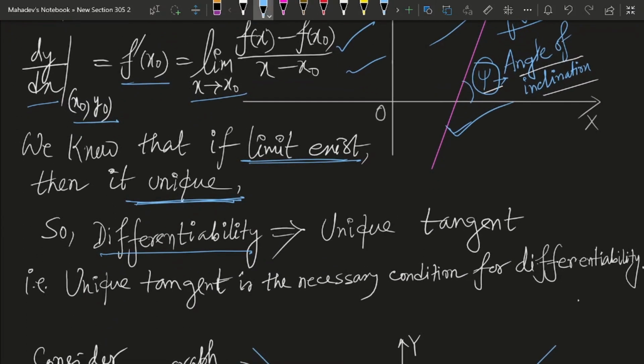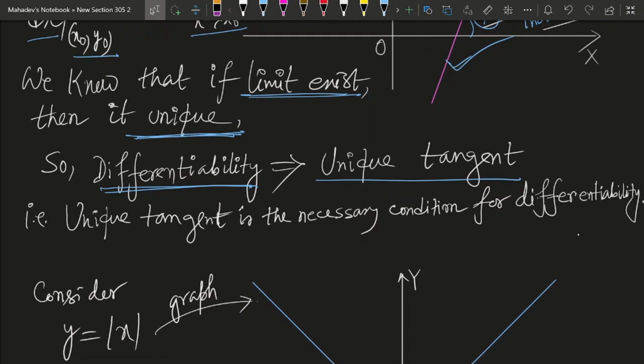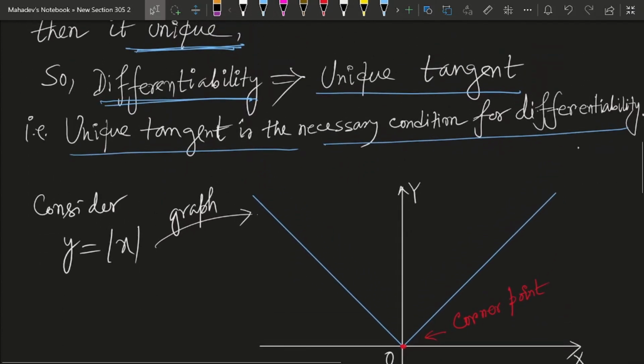So differentiability means a unique tangent at that point. So we find that a unique tangent is a necessary condition for differentiability. That means when you find more than one tangent of a curve at a point, your curve will not be differentiable at that point.